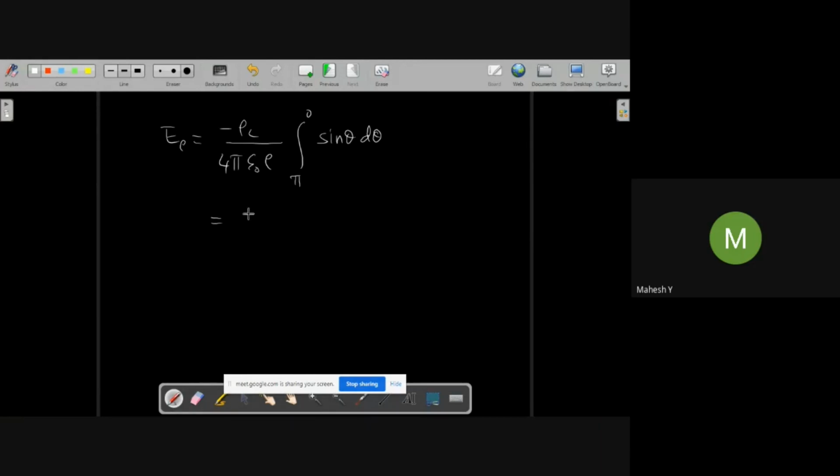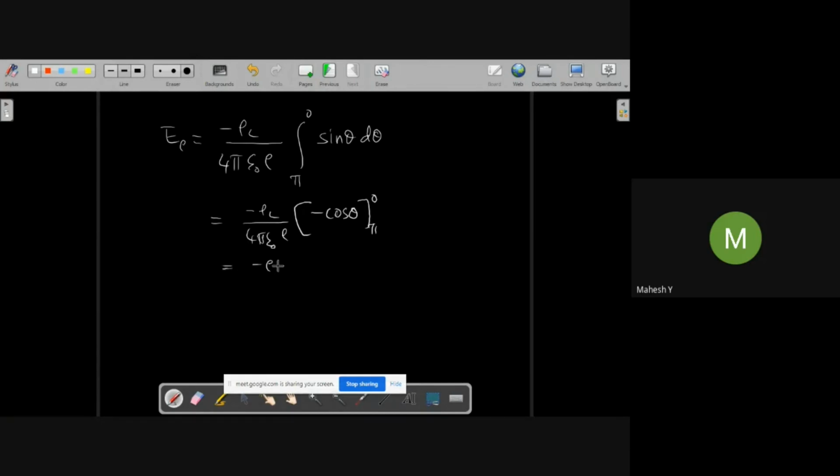So what is the integral of sin? The integral of sin is minus cos theta with the limits pi to 0.